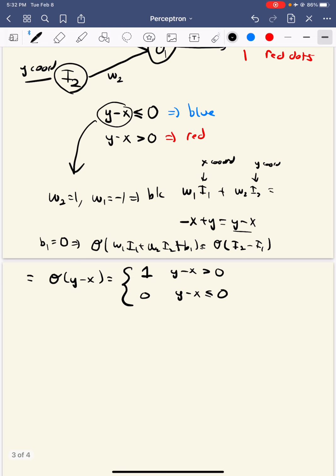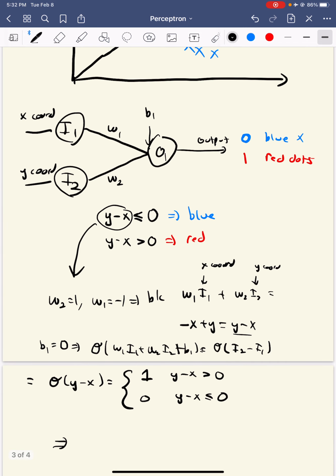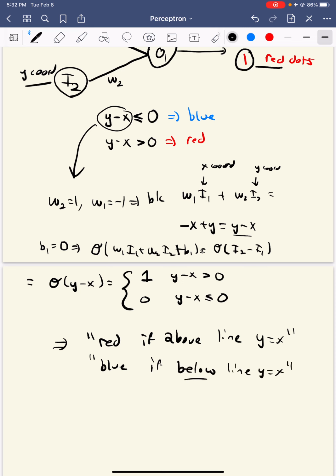So that tells me that I wanted this 1 to correspond to red dots. So that tells me that I am red if above the line y equals x, and I am blue if below the line y equals x.